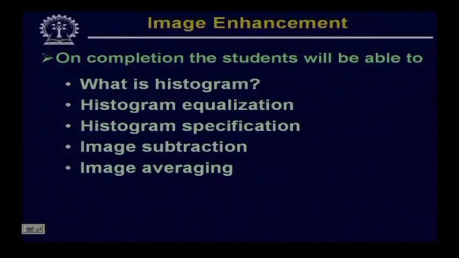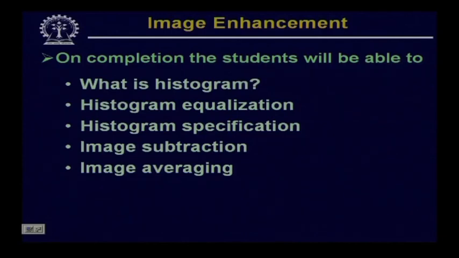And it is not necessary that the transformation function T will work on a single image. It can also work on multiple images. So, we will discuss two such approaches. One approach is image enhancement using image subtraction operation, and the other is image enhancement using image averaging operation.